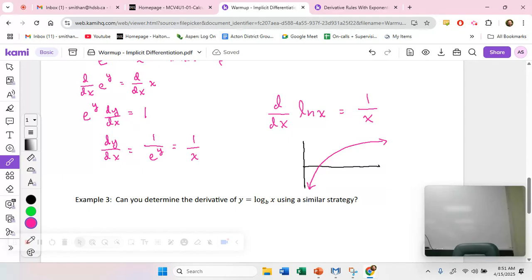And when x gets close to 0 here, you're doing 1 divided by a very small number, which gives you a very big number, which makes sense because there's a vertical asymptote at 0, so the slopes of the tangent lines are quite large. So a new derivative for you guys, not one you're required to know.